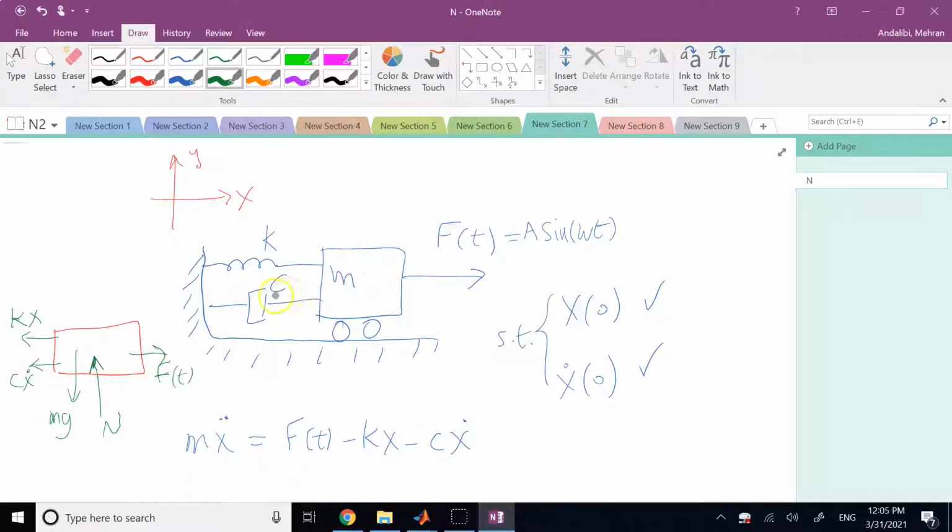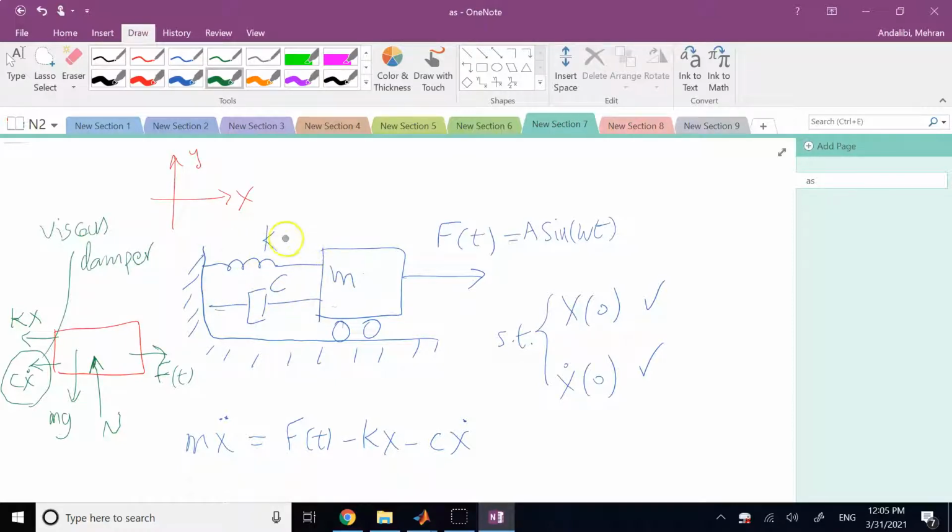The force of the damper, especially this type of damper, which we call a viscous damper, is proportional to the difference in velocity of the two ends.